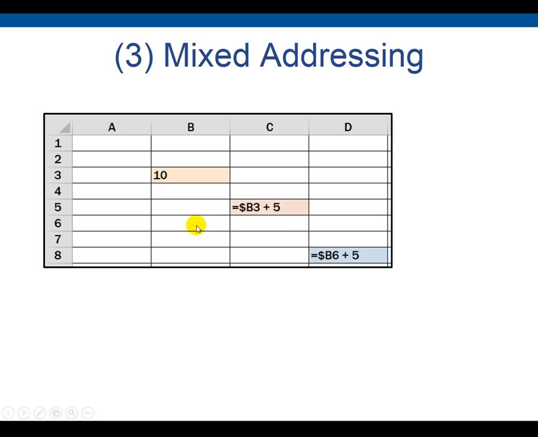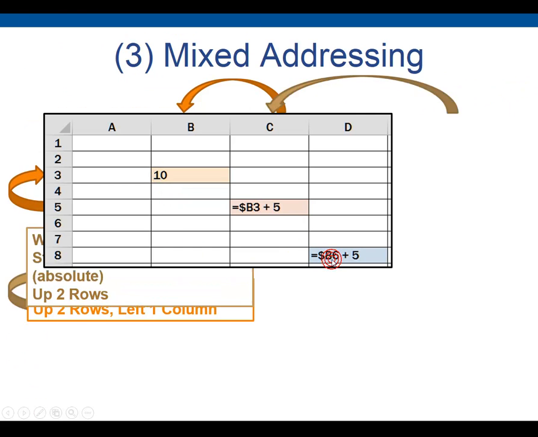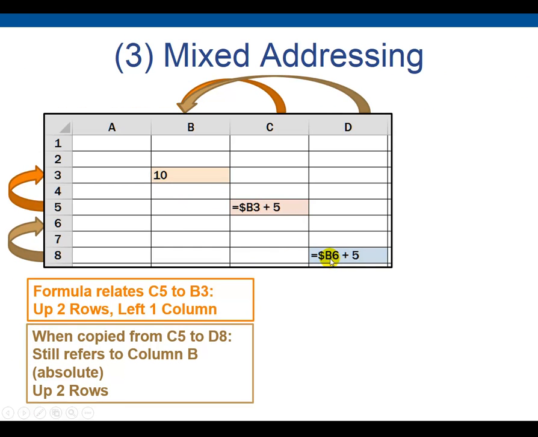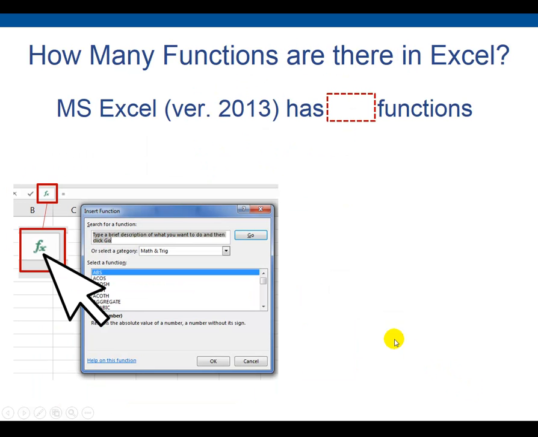Here you can see go left and 2 rows up, but here it is still locating column B, and 2 rows up means B6. It points to B6. The answer is 10, 15, and just 5 because there is no data. B6 is an empty cell. Okay, that's the answer.